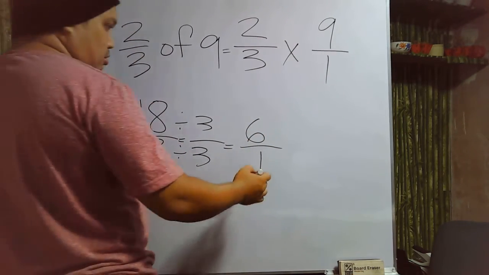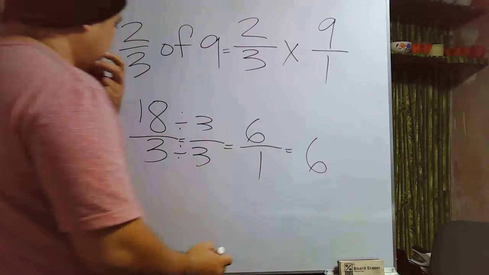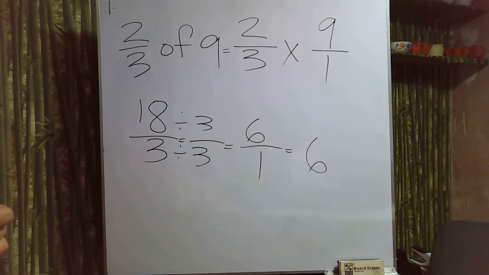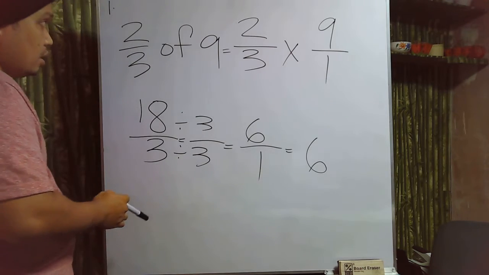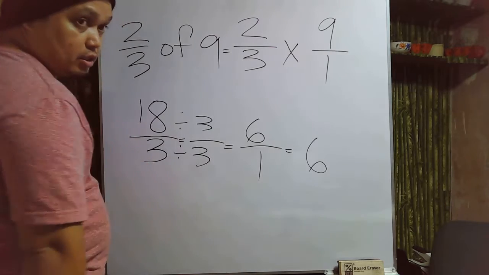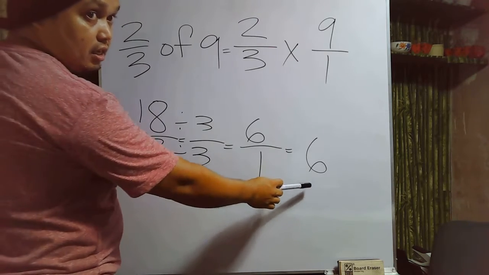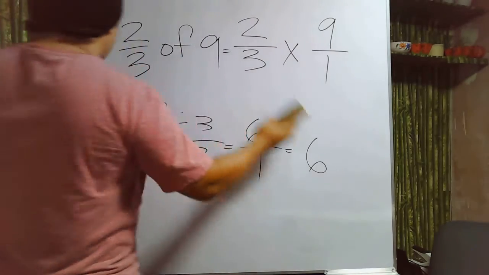So 6/1 is 6, our final answer. What is 2/3 of 9? That is 6, or 6 is 2/3 of 9. Okay, so let's answer number 2.